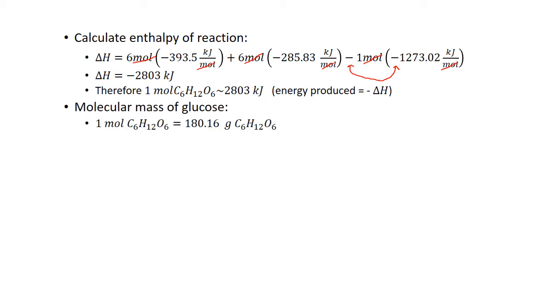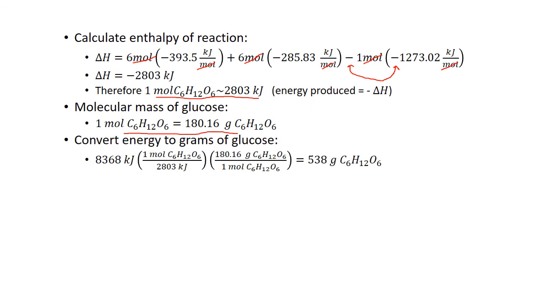The other thing I'm going to need, besides the equivalence between kilojoules and moles of glucose, is the mass in the end. So the usual thing, I look up the molecular mass of glucose, add up the atoms, and I get 180.16 grams per mole. So I have 2 equivalence relations here that I can use in a calculation.